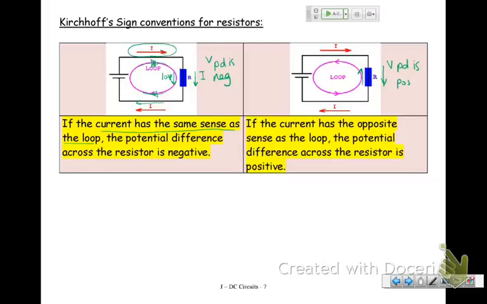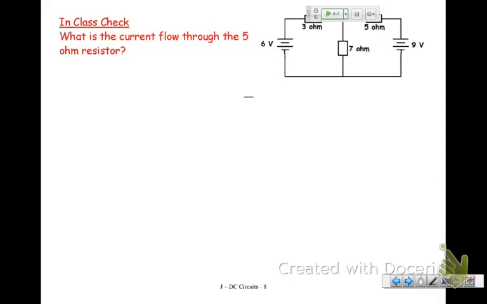So look here, my loop is exiting via the positive terminal. EMF positive. My loop is exiting via the negative terminal. EMF negative. Two rules. Two sign conventions. Let's do one.